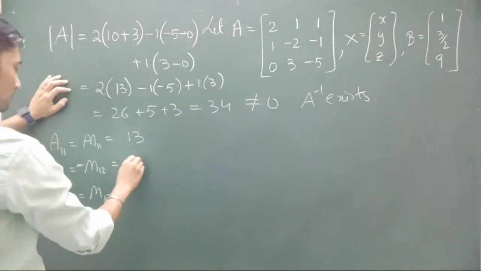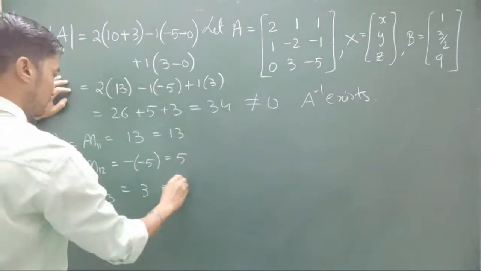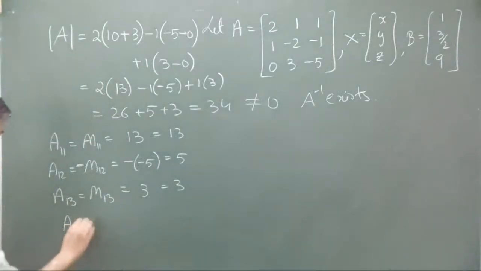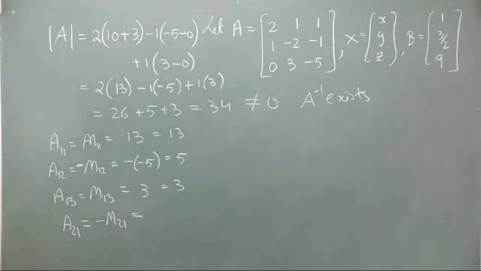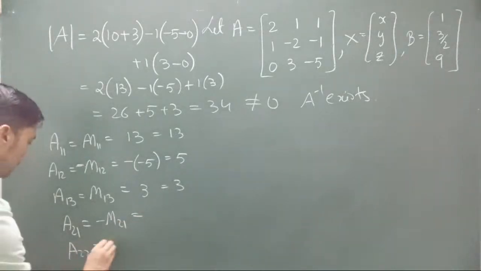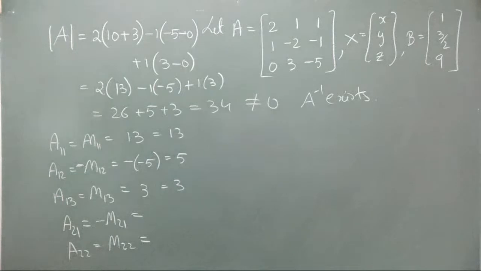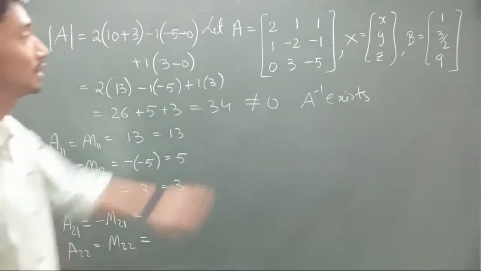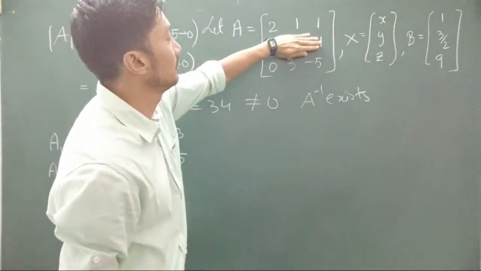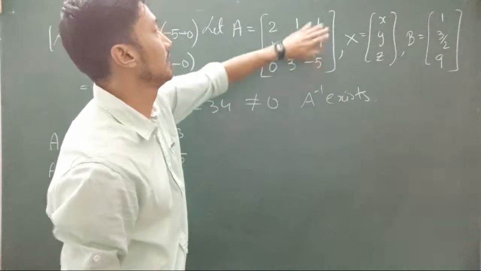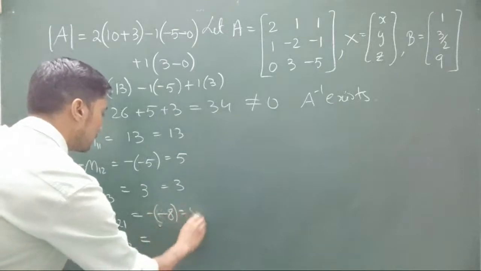That's 13 minus of minus 5, 3. So 13, 5, 3. A 2, 1. That is minus of M 2, 1. A 2, 2. That's M 2, 2. So minus of M 2, 1. So minus 5, minus 3, minus 8, minus of minus 8. So that's plus 8.